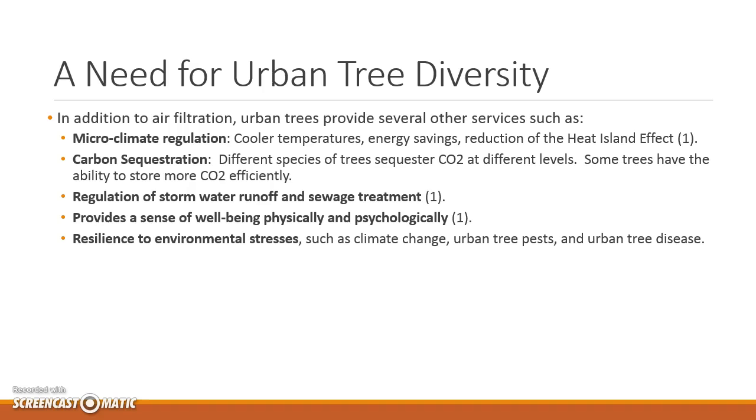Some trees have the ability to store more CO2 efficiently. So in using the 10-20-30 rule, it might be adequate to select trees that are better for carbon sequestration and storage based on how much carbon is being emitted into the air in the specific city.